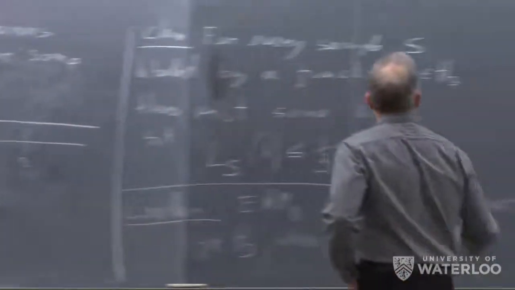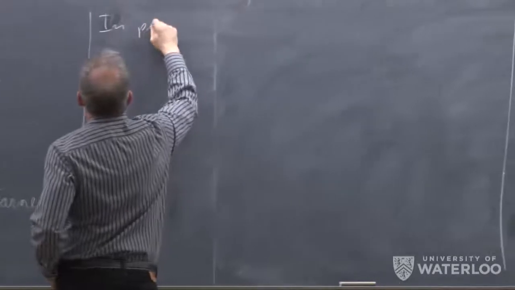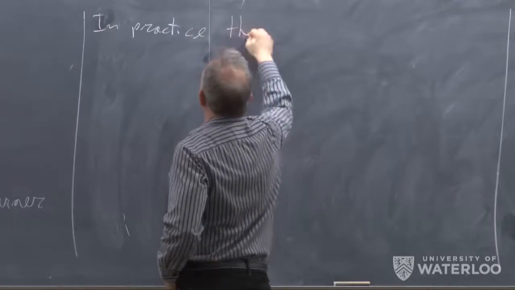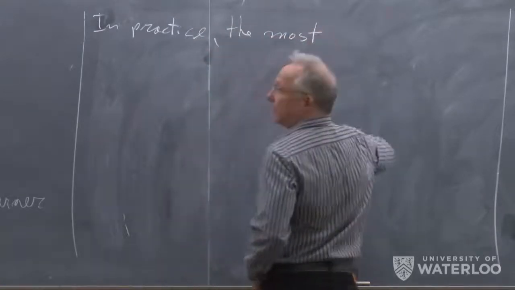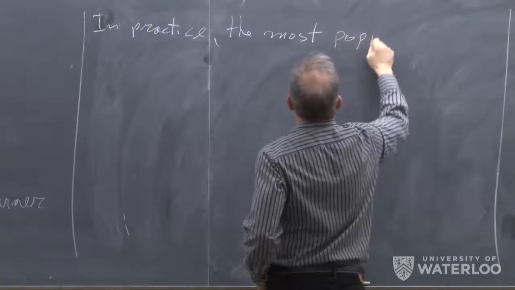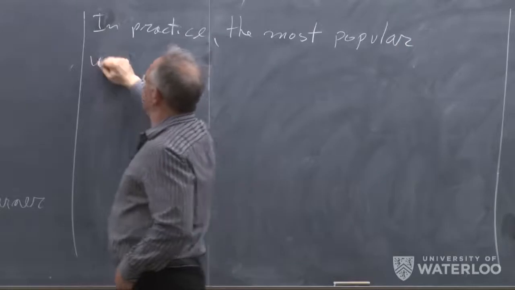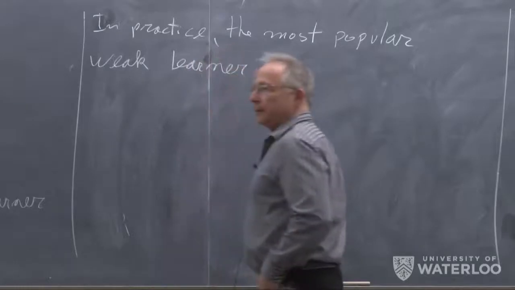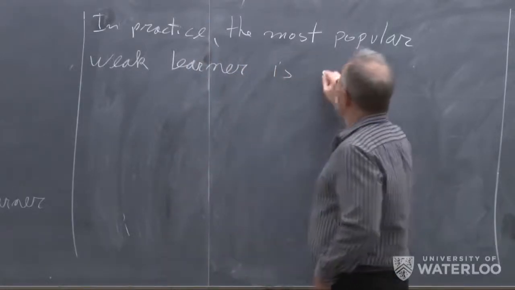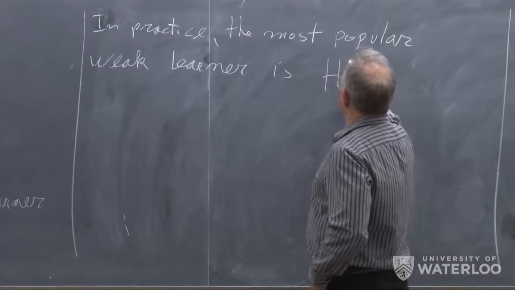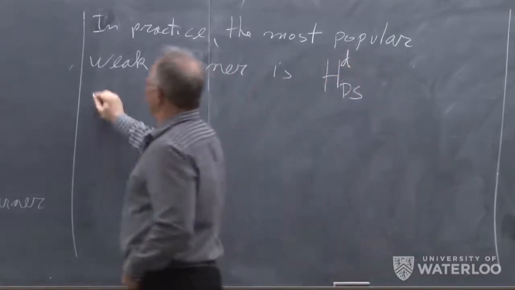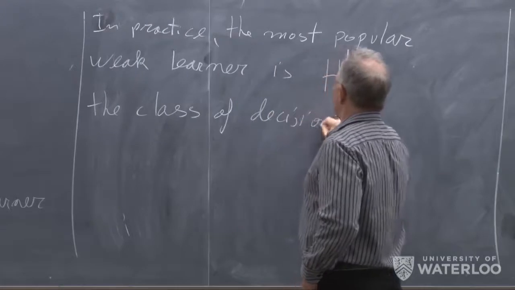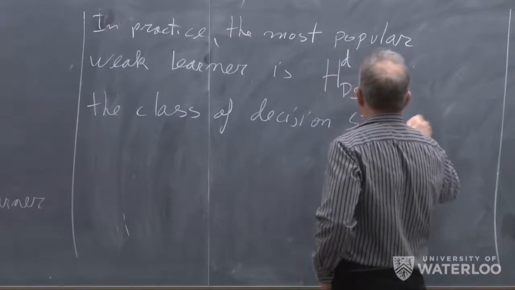So in practice, the most popular weak learner is the class H_DS, which means the class of decision stumps over R^d.